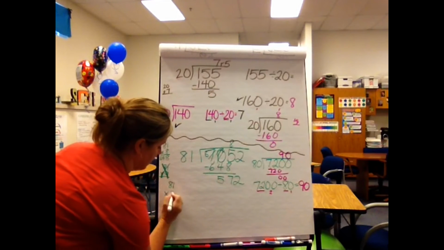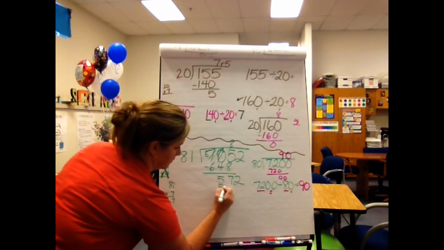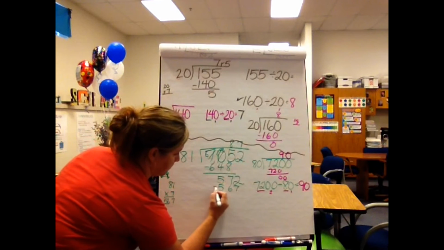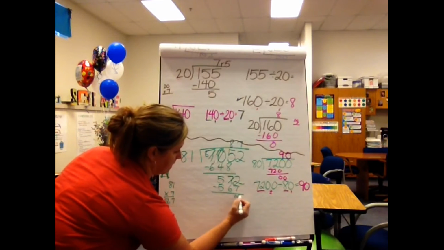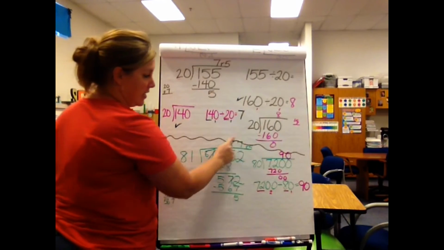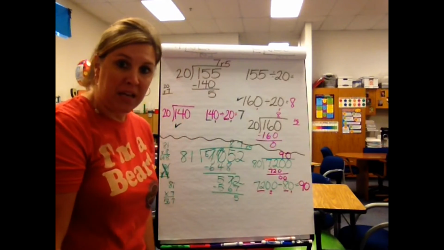Let's try that. Sorry, I should put my 7 up here. So my actual is 87, remainder 5. My estimate got me 90.